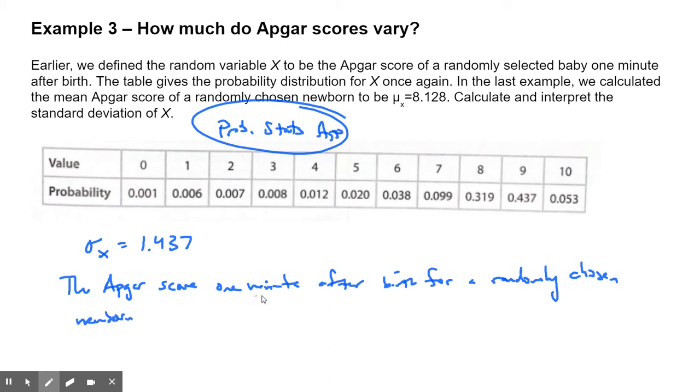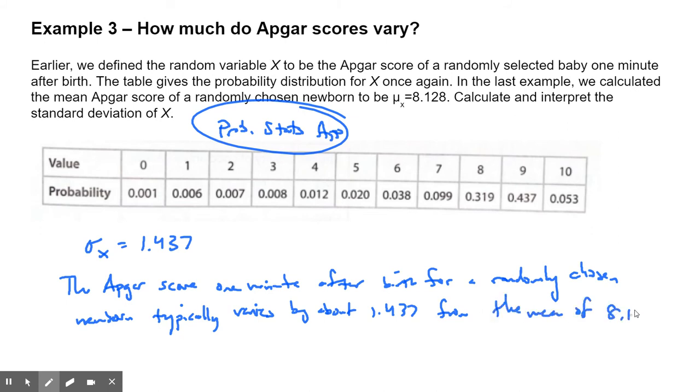The APGAR score 1 minute after birth for a randomly chosen newborn will typically vary, or typically varies, by about 1.437 from the mean of 8.128. And there it is.